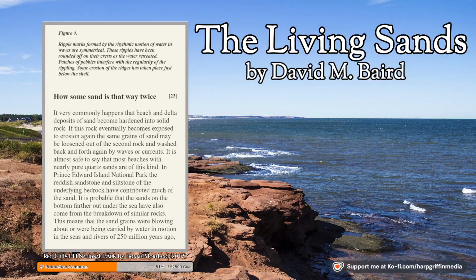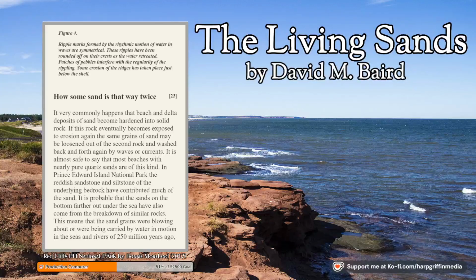In Prince Edward Island National Park, the reddish sandstone and siltstone of the underlying bedrock have contributed much of the sand. It is probable that the sands on the bottom farther out under the sea have also come from the breakdown of similar rocks.